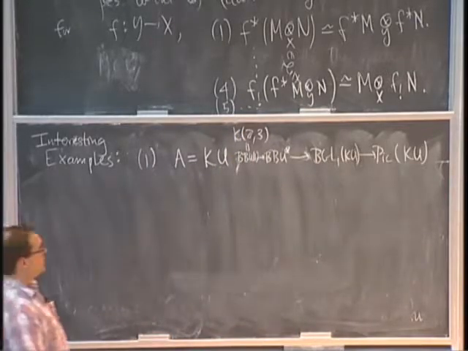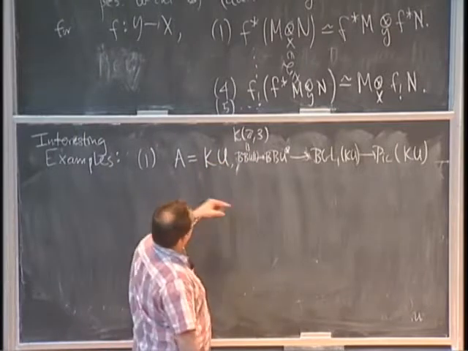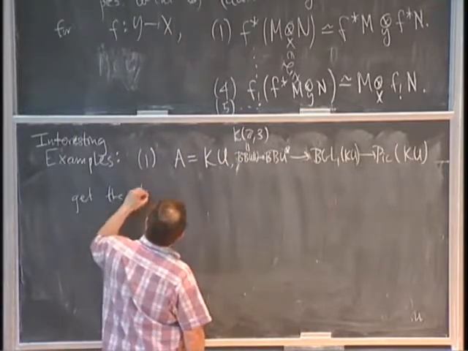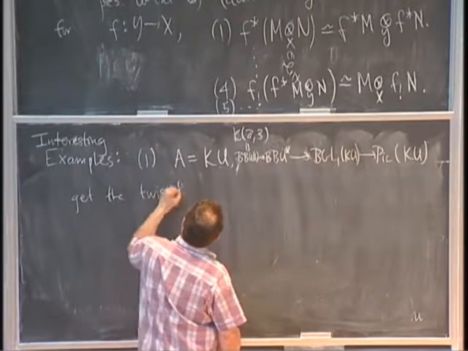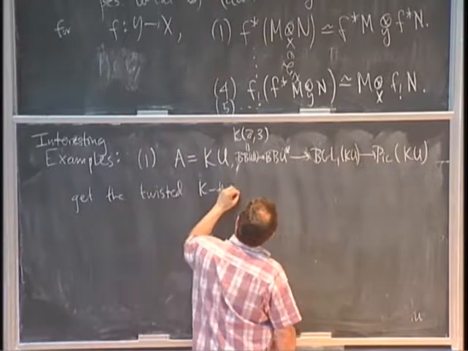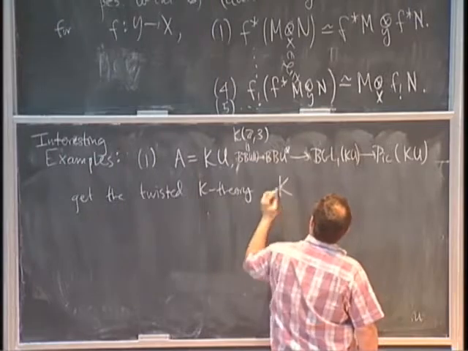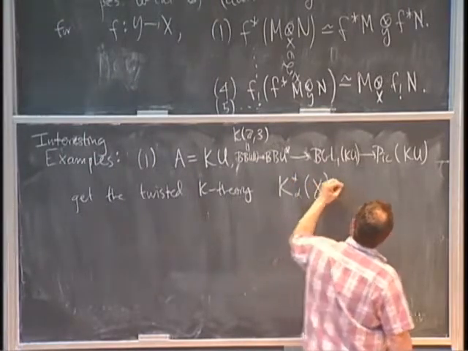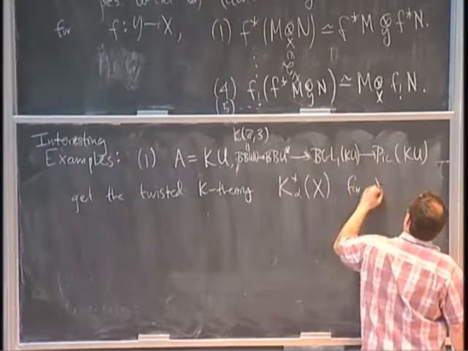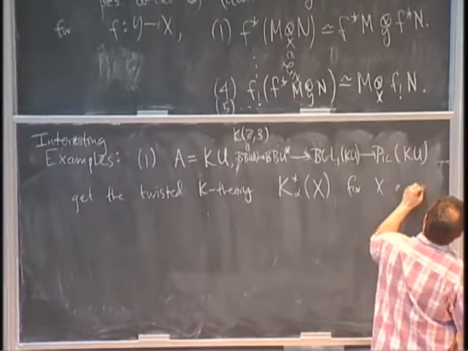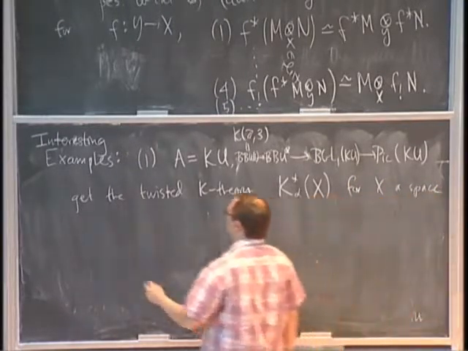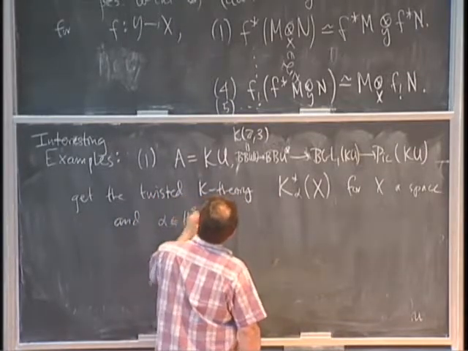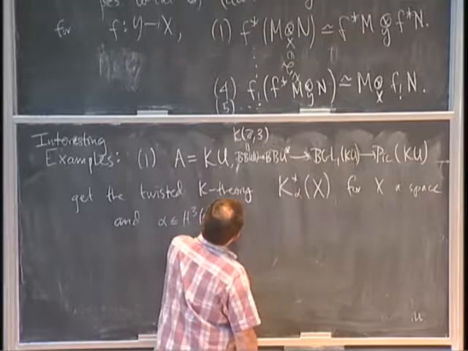And this is the usual, you get the twisted K theory. Let's say K alpha star of X for X a space, and alpha in H3(X, Z).